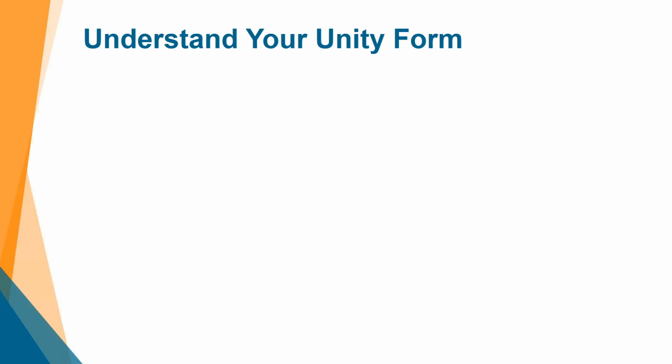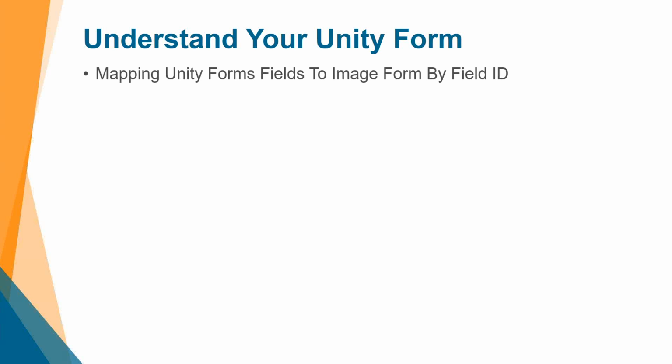Before we get into the configuration of this, it's really important that you understand how your collection form, that Unity form, is designed, because we're going to be mapping the individual fields from that Unity form to the image form based upon the field ID. So you have to pay special attention as you're setting up your Unity form to logically name the field names.